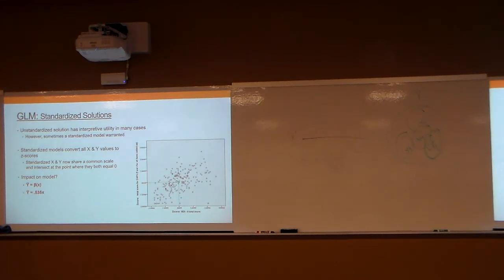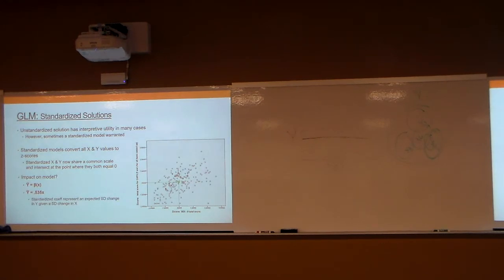It's there, it's just 0. Yeah, I would agree with that. The expected value of y when x is 0 is 0, so it just goes away. We don't need it anymore. With our standardized models, that intercept goes away because it's just 0.